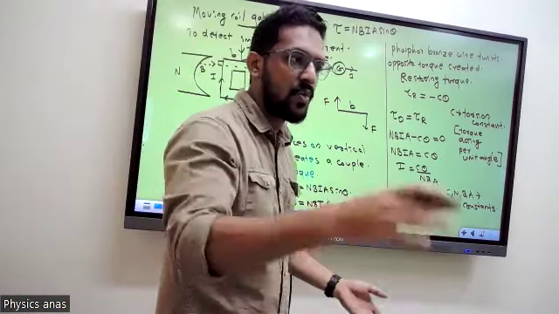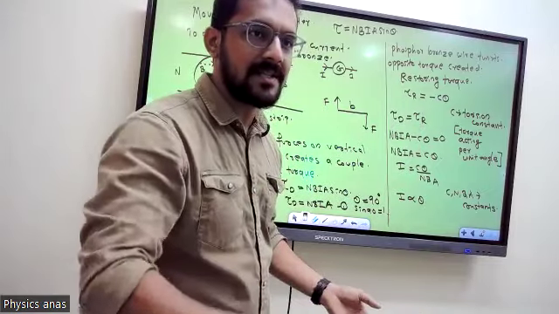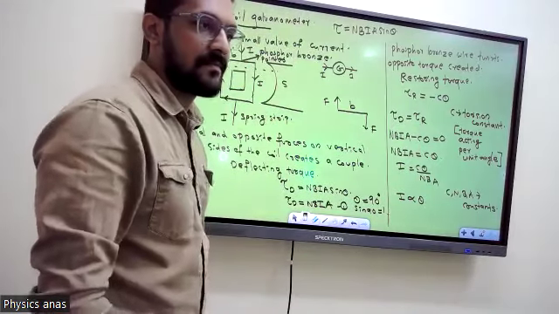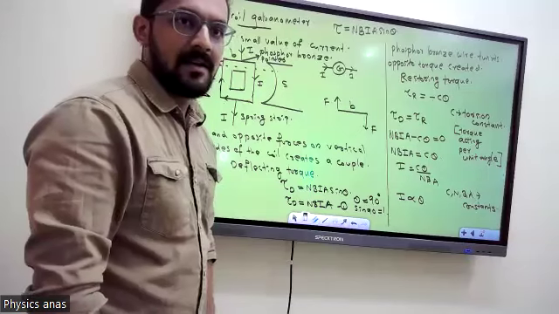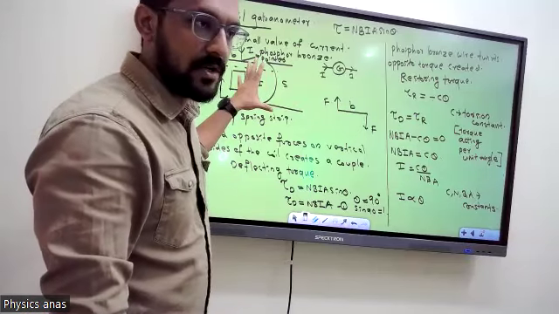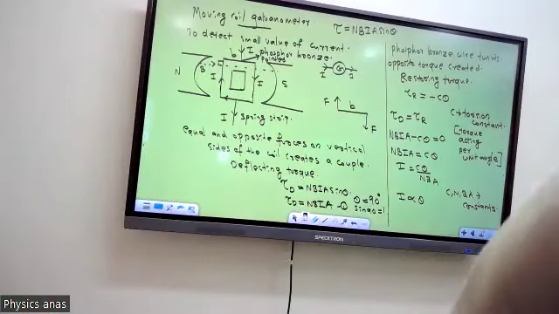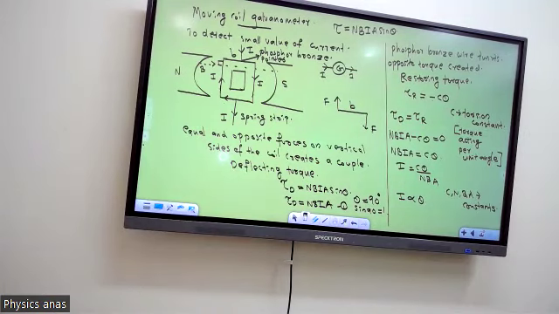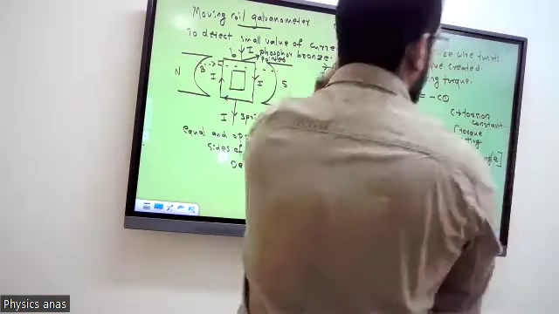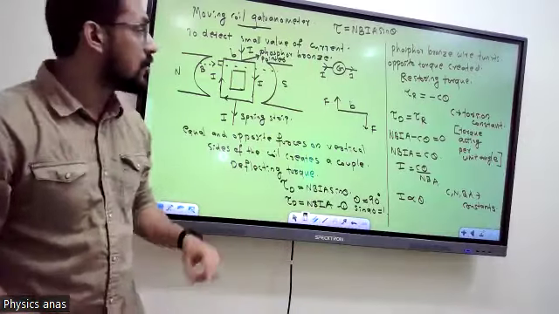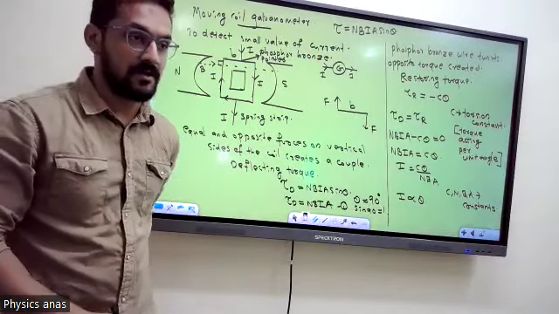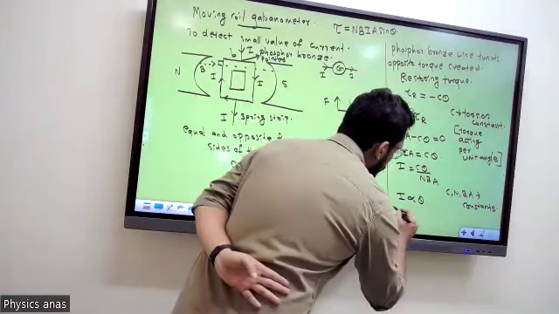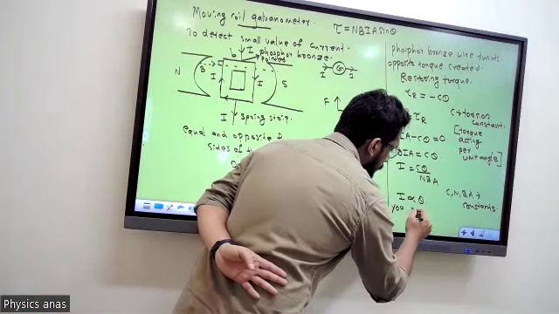That means you can detect current just by looking at the pointer. From the deflection of the pointer, you can look at the current.